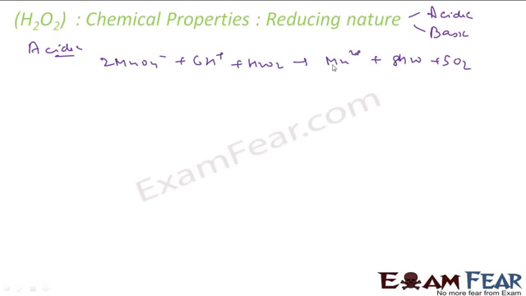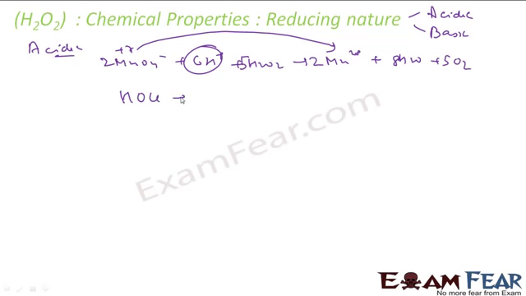Balance this. Yeah, this is a balanced reaction. Here also you see this acidic medium and it is getting reduced. This is plus 7, and this is becoming plus 2, getting reduced.